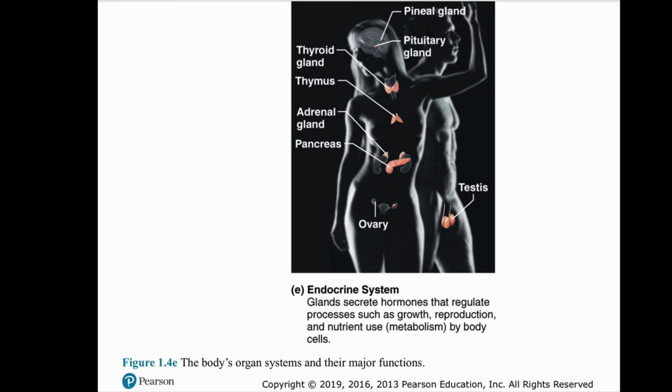The endocrine system is made up of the pituitary gland, pineal gland, the thyroid gland, the thymus, the adrenal glands, which are actually paired glands found on top of the kidneys, the pancreas, ovary in females, testis in males.